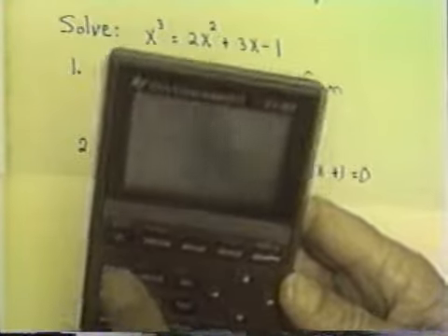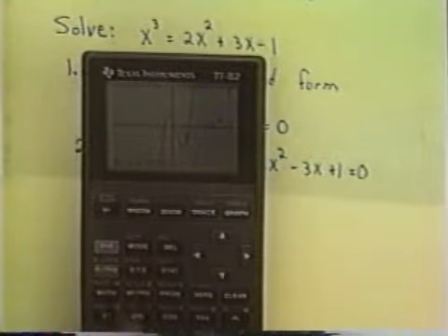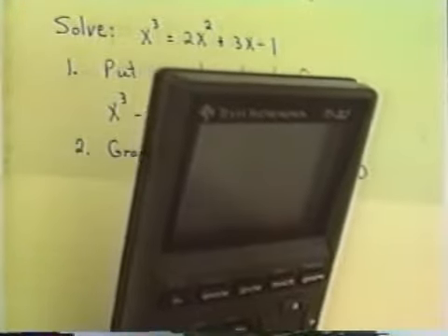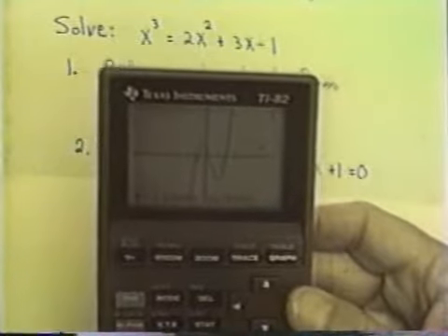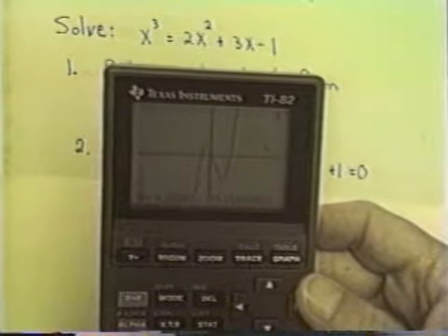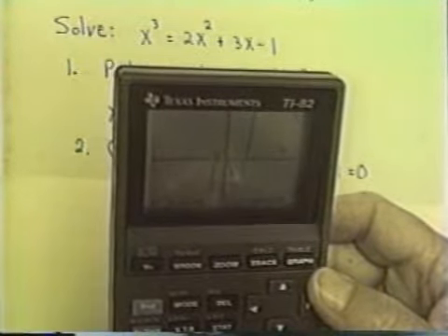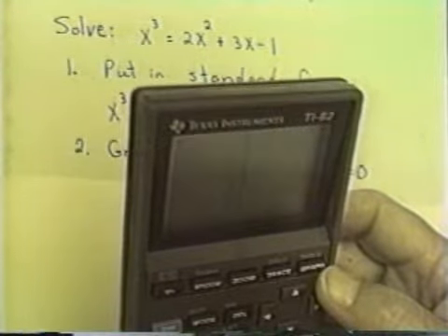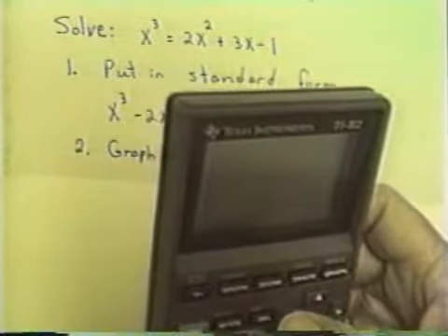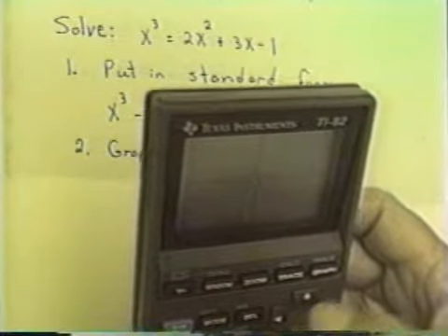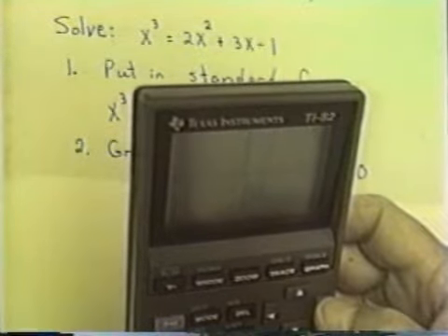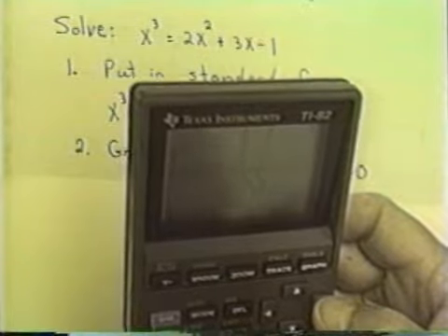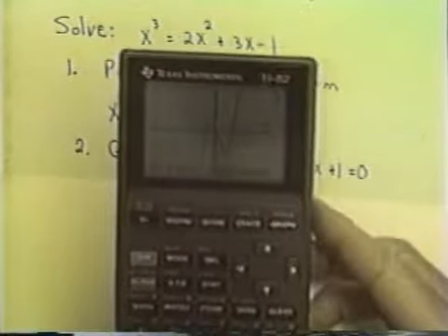When y is a negative 0.5, x is a negative 1.2. If I move it over, when y is 0.7, x is a negative 1.06. So it goes from a negative 1.2 up to a negative 1.06.